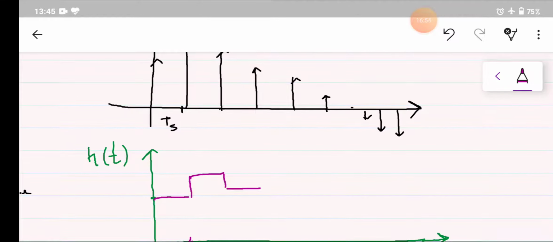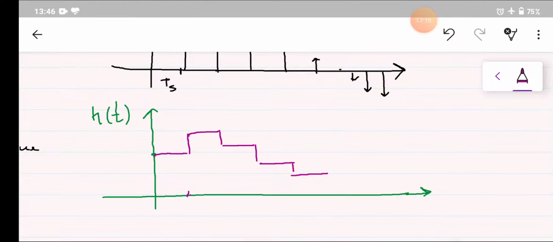As in the next sample the value will also reduce, so it can hold for the next reduction in the value. Now at this point the magnitude reduced, so it can hold to this point, and at this point the magnitude is going less, so it can hold this value for the sampling time period TS.